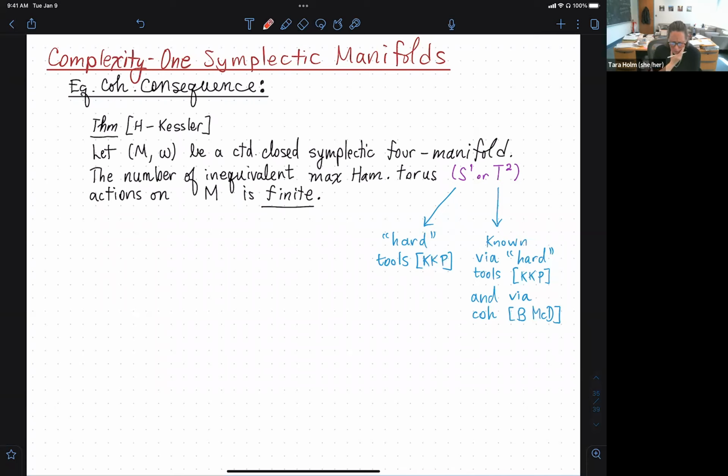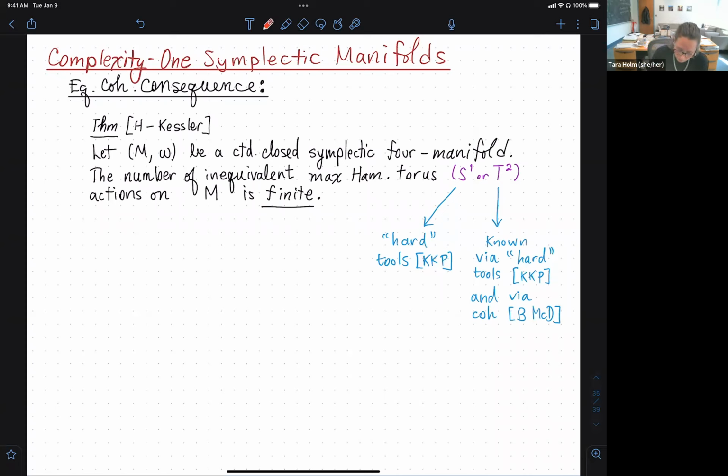Some of the consequences. One of the things that we can directly prove, when you're looking at a four-manifold, is this. I'm not going to go into details, but it was known that there are finitely many inequivalent Hamiltonian circle or two-torus actions, but the proof was by way of holomorphic tools. We are able to deduce it just using this description, which only comes from soft tools.